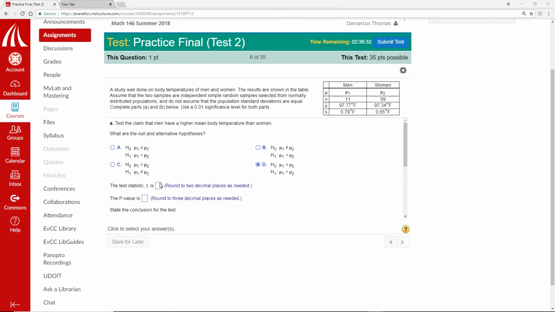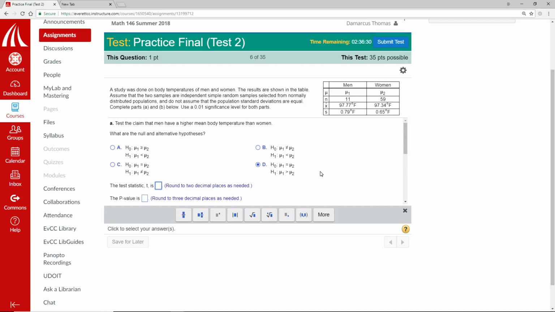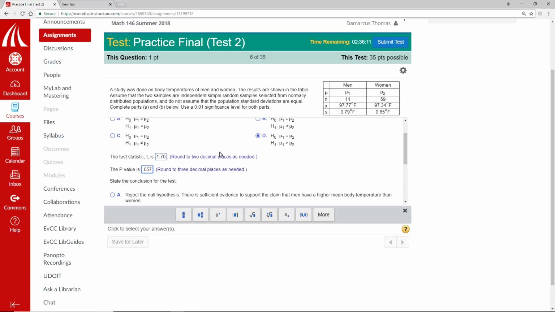So my test statistic, if I round it to 2 places, is 1.70. My p-value was 0.057 when rounded off. And now the p-value is not less than our alpha, which in our case is 0.01.